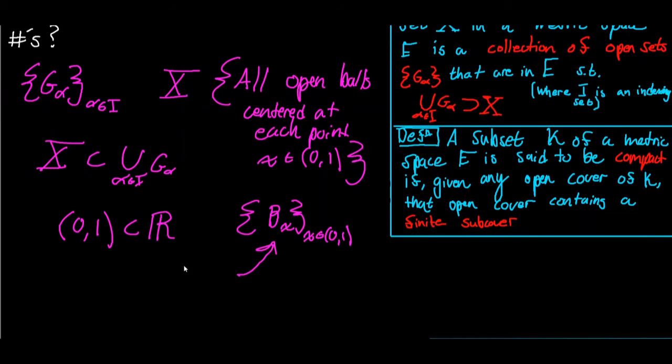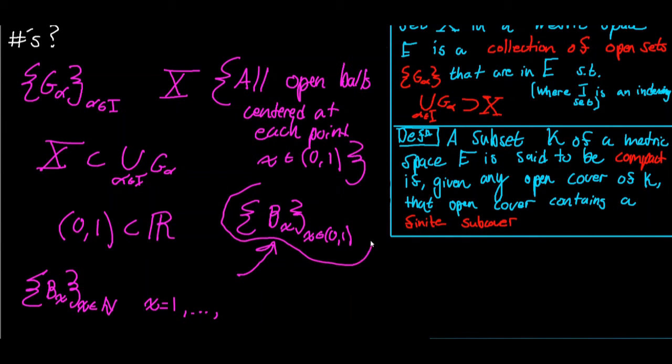So if I were to index this B_x with the natural numbers, x from 1 to infinity, I would only be able to specify a countably infinite number of open balls. And this wouldn't capture the fact that this is an uncountably infinite number of open sets in this collection of open sets.